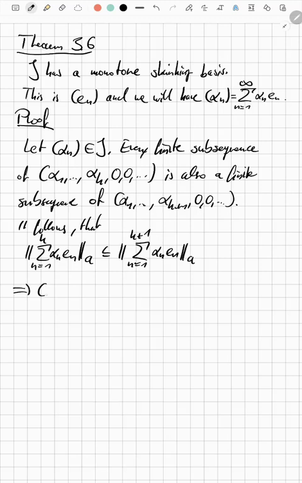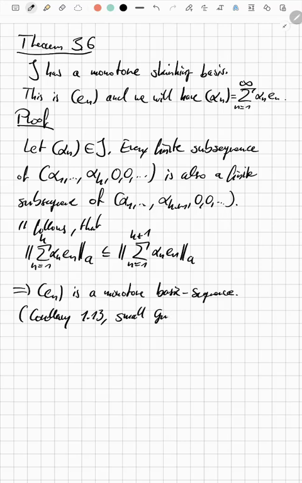This tells us that e_n is a monotone basic sequence. Now, this was corollary 1.13, the small Grunblum criterion, as I like to call it.